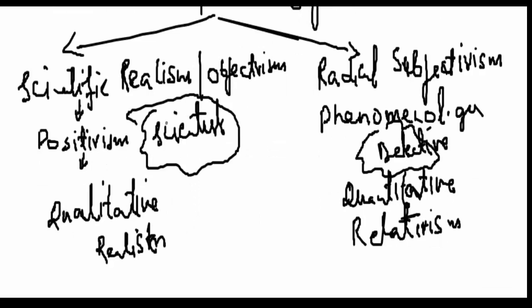Now if we talk in terms of research paradigms, because basically we've got two research paradigms, that is qualitative versus quantitative. Okay, and if we say radical subjectivism, phenomenology, that is basically the quantitative. And if you talk about positivism and scientific realism, that's actually, we're talking about qualitative.